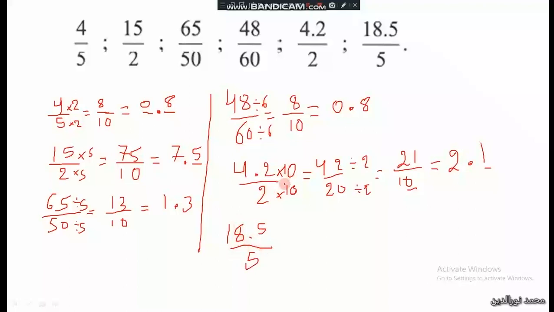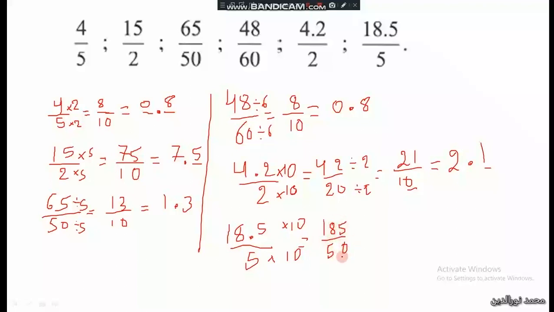18.5/5, we do the same as in this case. We multiply first by 10 to move the decimal point one step to the right, so it becomes 185/50.